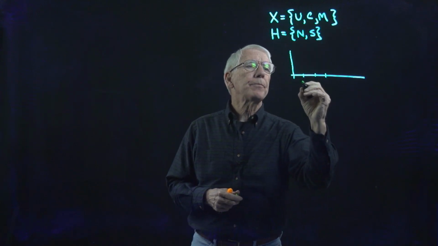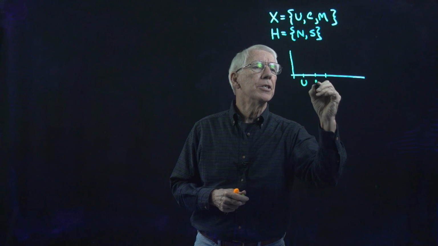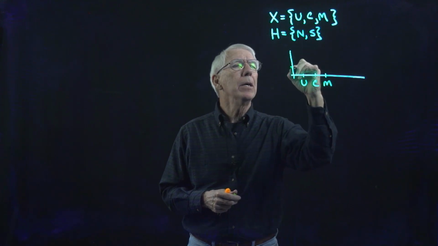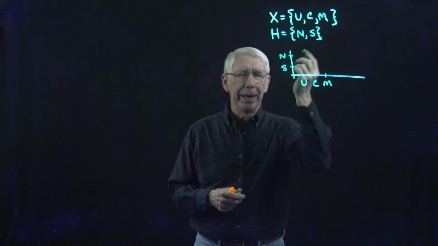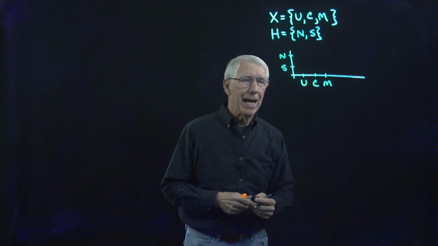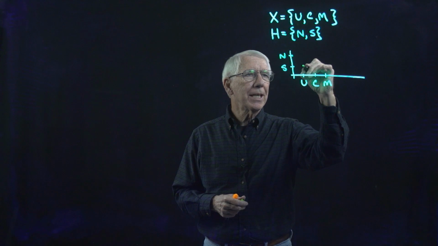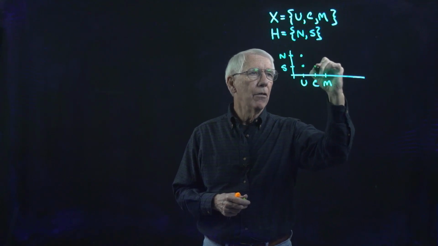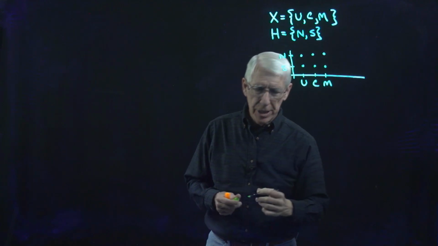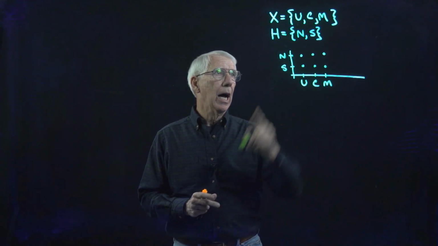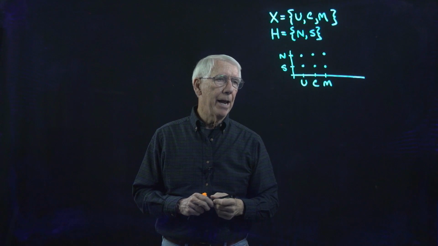So this is U, this is C, this is M, this is S, and this is N. I'll put N above S, north is above south. And so there are 6 elements of the Cartesian product, the ordered pairs consisting of a country and a hemisphere.